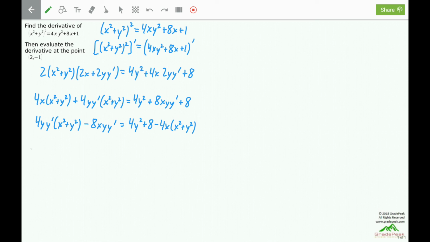We now want to factor out the y prime on the left side, and that will leave 4y times (x squared plus y squared) minus 8xy. And we will leave the right side alone.